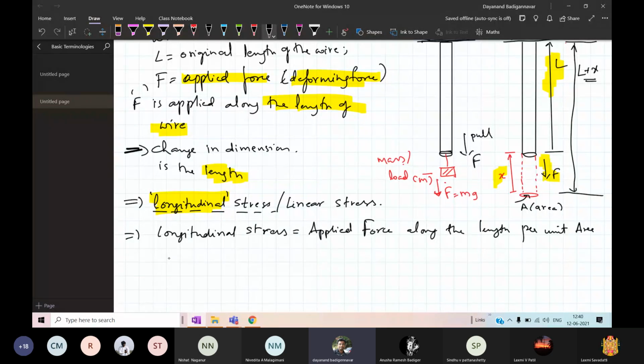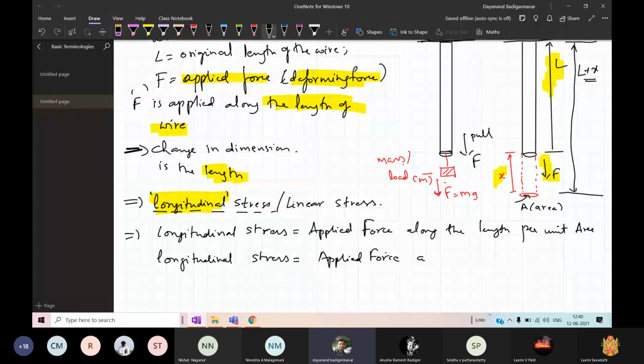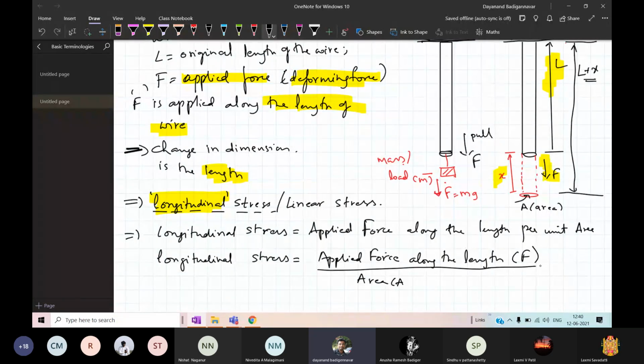So I can define the longitudinal stress as equal to the applied force, or the deforming force along the length, divided by the area. What is the force that I have applied? F. What is the area that I have? A. Therefore, longitudinal stress is F divided by A.